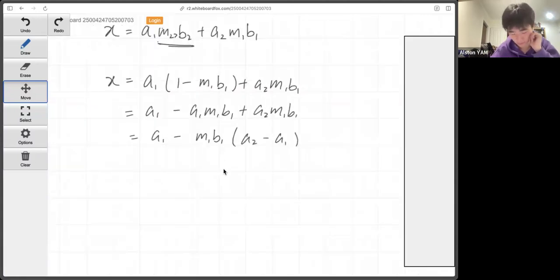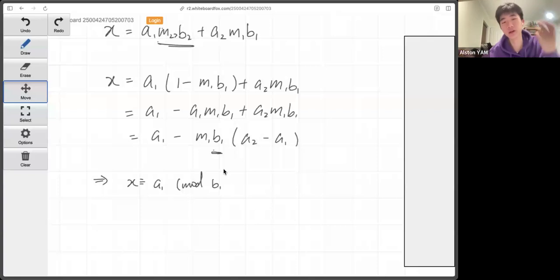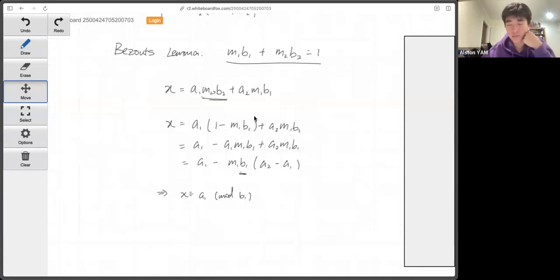And now if we look at it, we have a b1 here. So that will go away when we take mod b1, right? So here we actually have x is congruent to a1 under mod b1. Because if you divide by b1, the last term just cancels out.